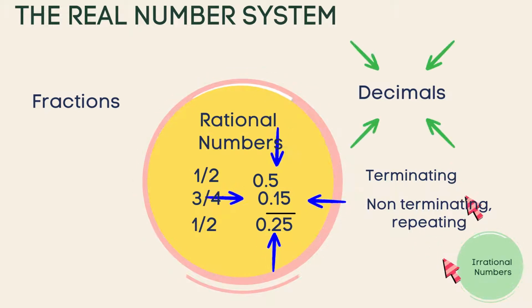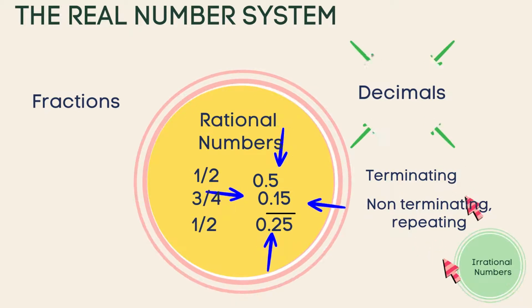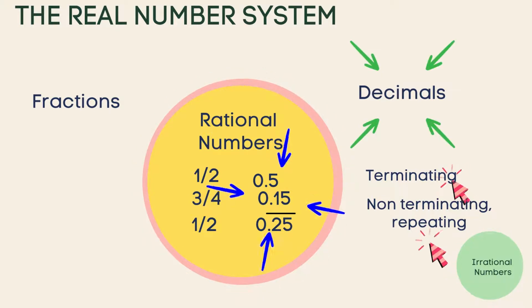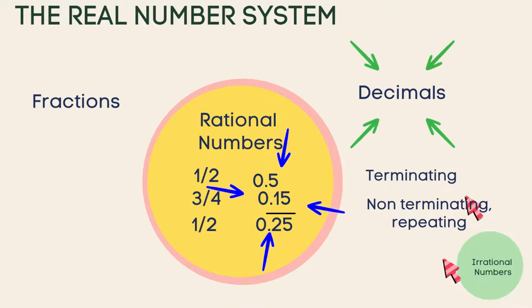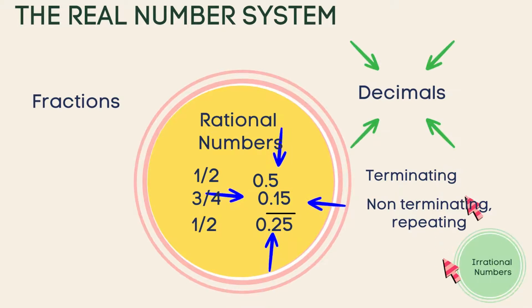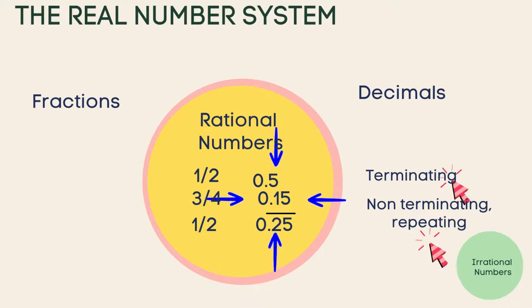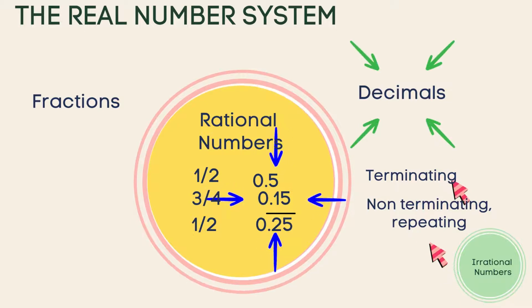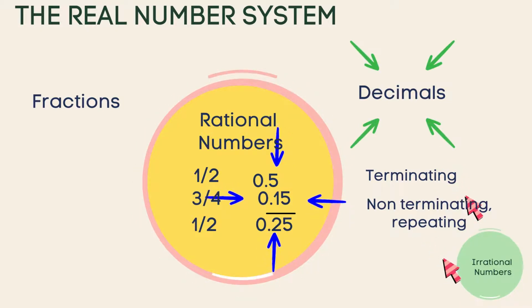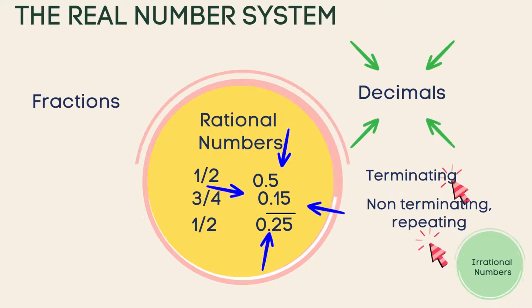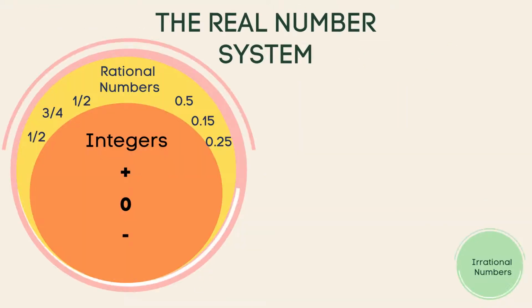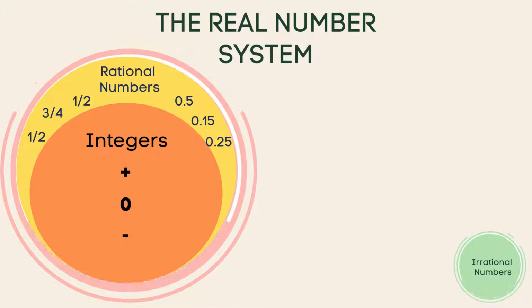Again, terminating decimals are under rational numbers, and non-terminating and repeating decimals are also rational numbers. Take note of that. Not all decimals are rational numbers. Okay? So aside from fractions and decimals, rational numbers can also be in the form of integers.